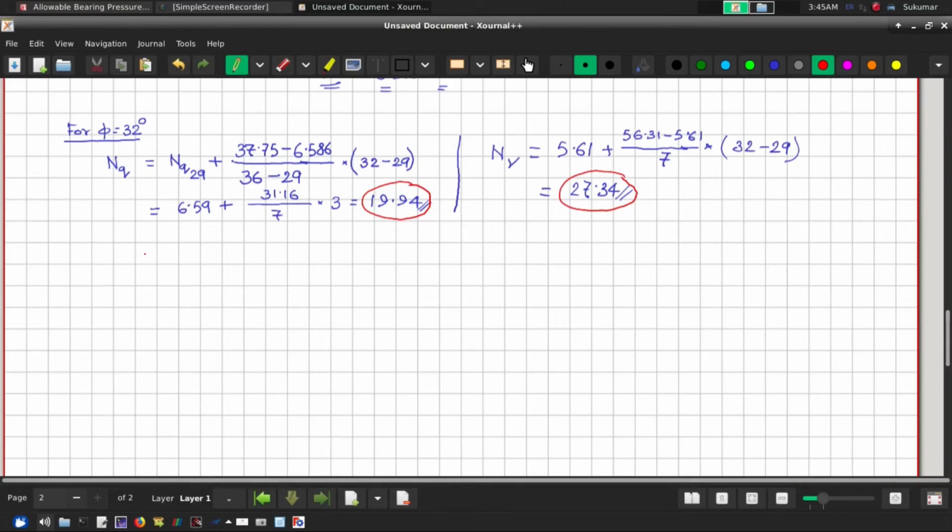So Q net ultimate is, it's a strip footing, and we will ignore the depth factors, so I will have q into NQ minus 1 plus half gamma B N gamma, right?